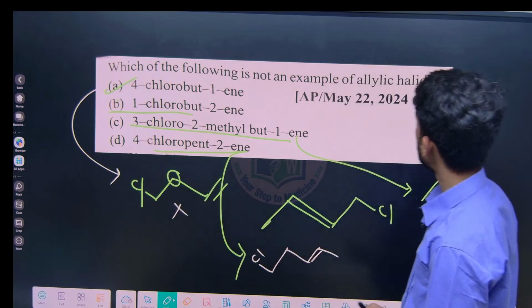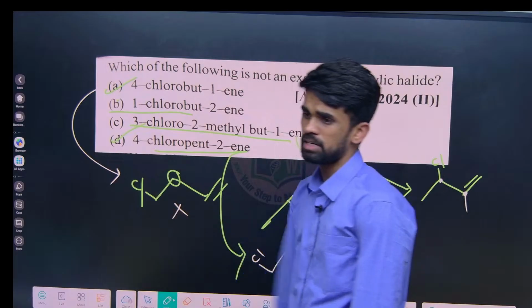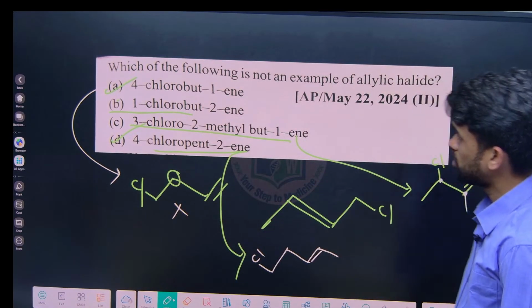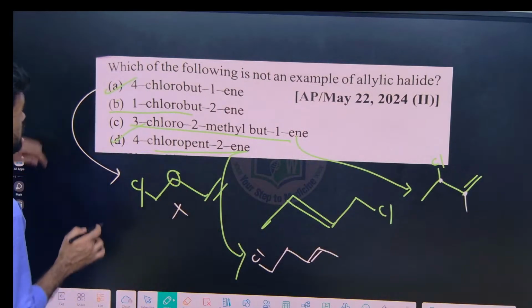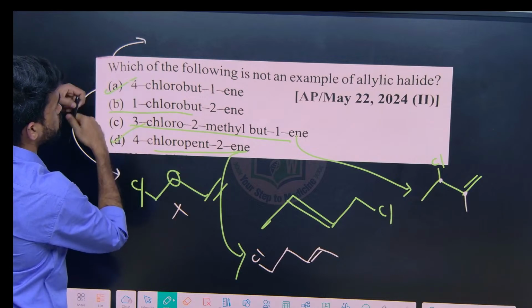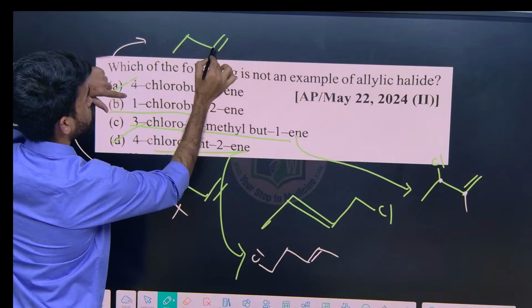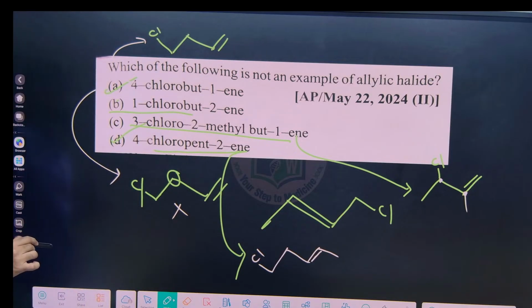So here we are getting two options now. First and fourth. Both of them are not allylic. Actually it should be one answer only, but anyway we are getting two. Once again we will verify with first and fourth. But-1-ene, 1, 2, 3, 4. This is not an allylic.